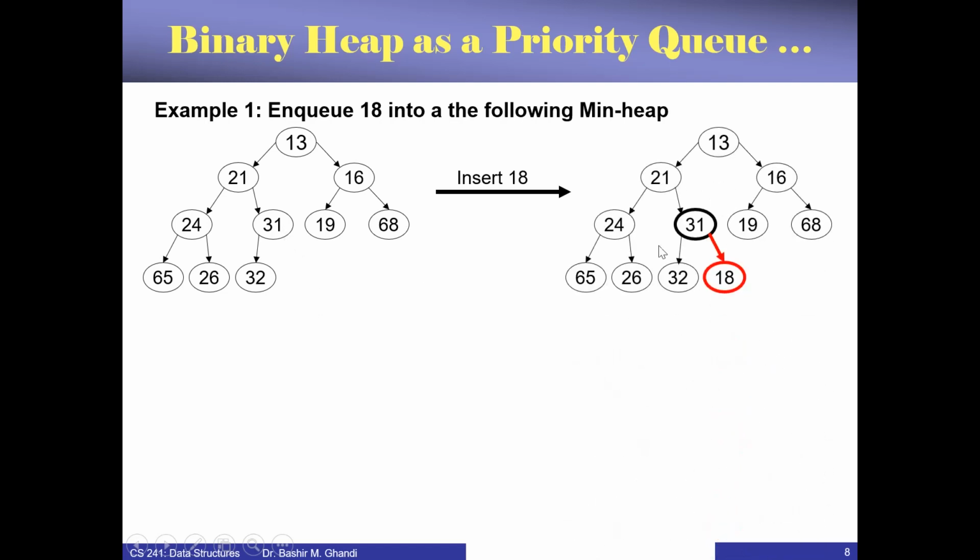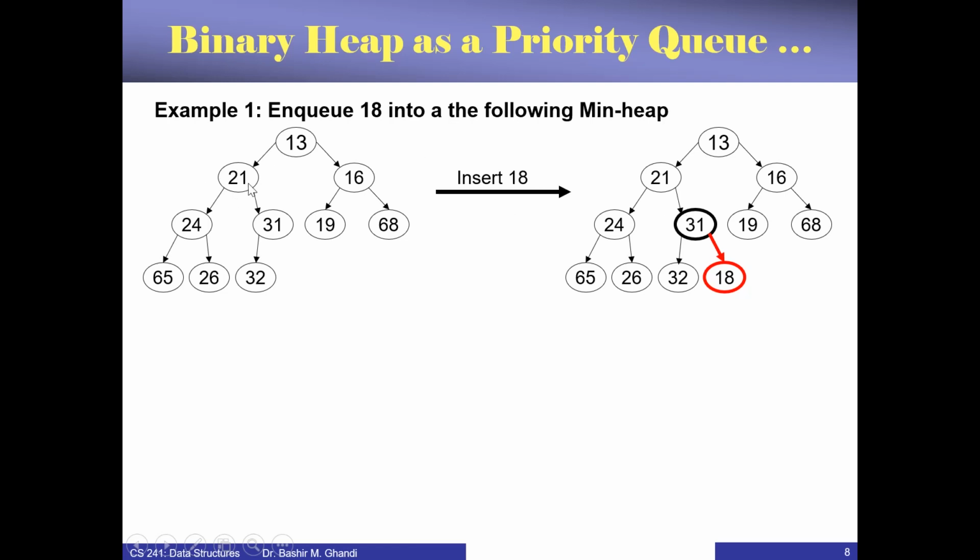So we create a new node and put 18 there, to the right of 31. Then now percolate 18 up until it reaches the correct place. How do you do that? You compare 18 with its parent. If you are dealing with a min heap, you check if 18 is less than its parent, then the parent will come down and the smaller element will go up.